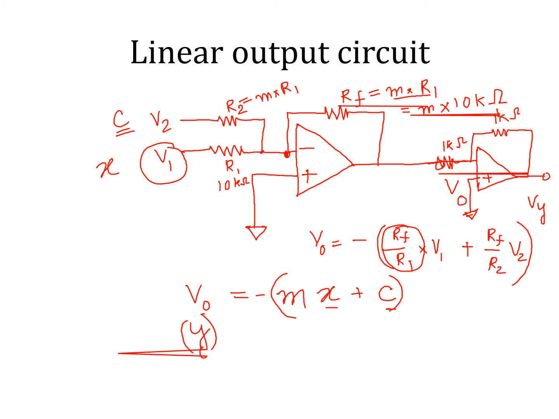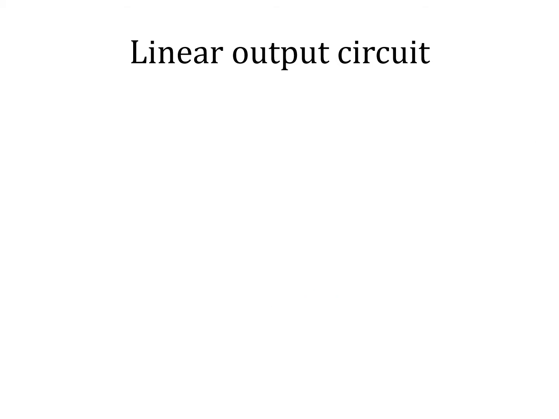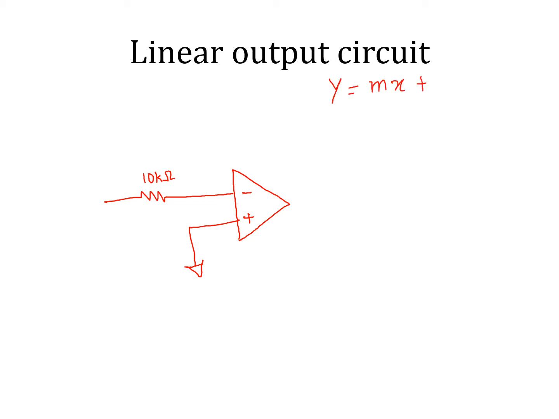Let me rewrite this final circuit that we have designed and redraw it with the final values. We have one operational amplifier, with the non-inverting terminal grounded because we are going to use negative feedback. One input resistance, let's say, 10 kilo ohm. So I am now designing the circuit Y equal to Mx plus C, and we can assume one value of M, let it be anything, 10 times, 50 times, or 5 times.